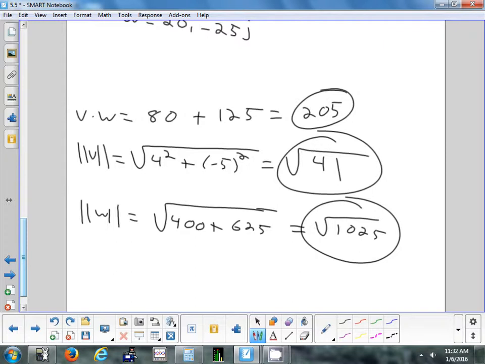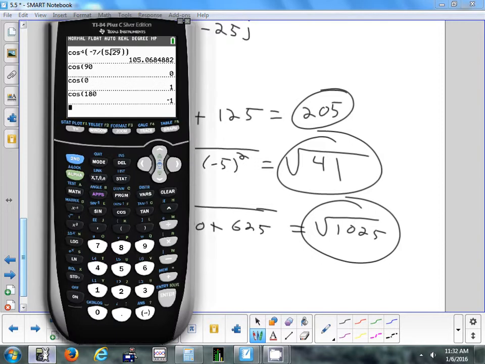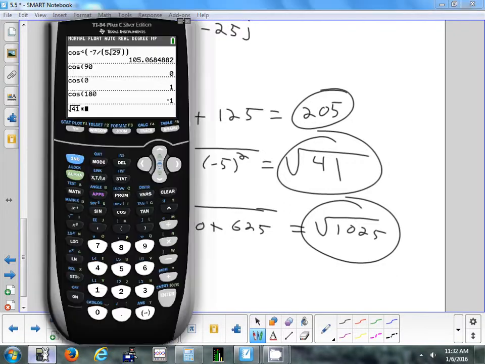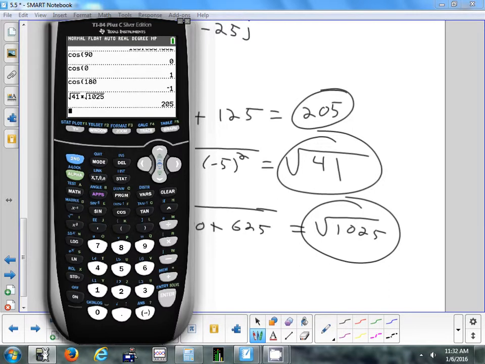So let's see what the square root of 41 times the square root of 1,025 is. Square root of 41 is the length of V. Now length of W, square root of 1,025. 205.